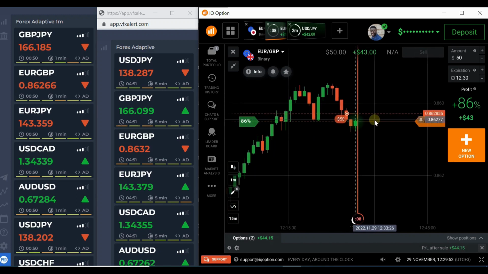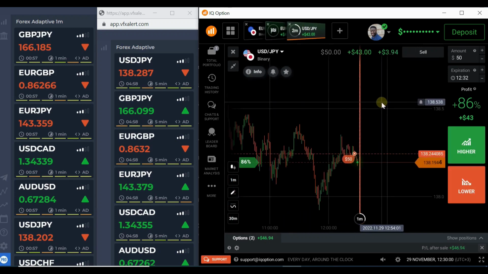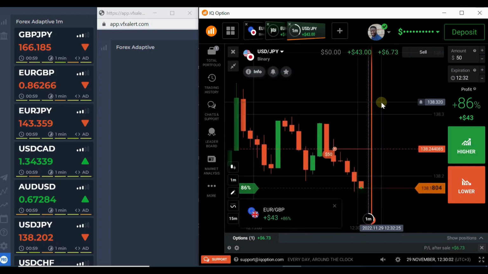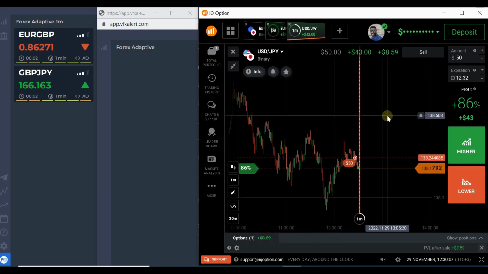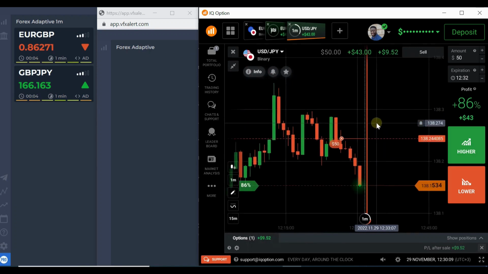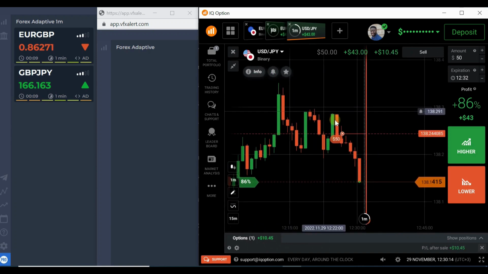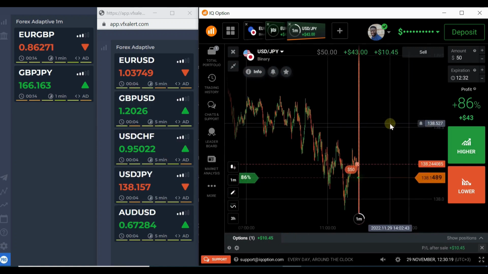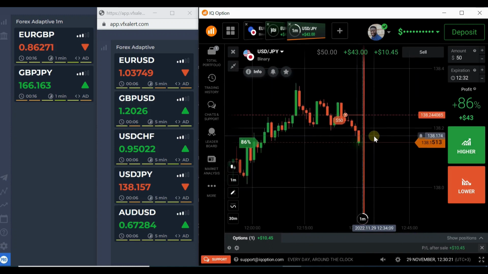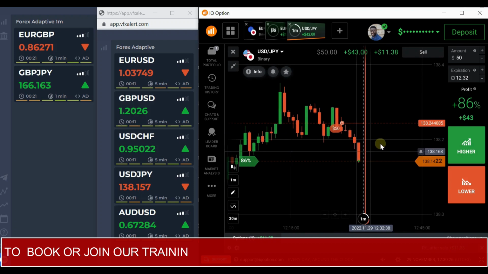So let's wait for the closure of this trade. So again, very strong downward movement on this chart, because the market is making lower highs, lower lows, lower highs, lower lows. So this shows you that it's a very strong downtrend. You can see. Very strong seller's entry.